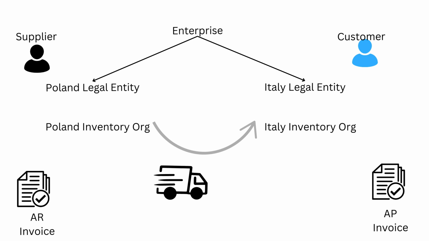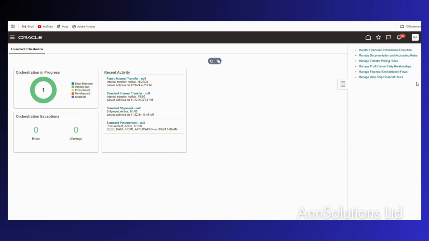Yep. So let's click on financial orchestration. Before showing you how to configure the flows, I'll also show you the financial orchestration executions, which are those transactions which we have created. That has triggered the financial flow to create the intercompany transactions.